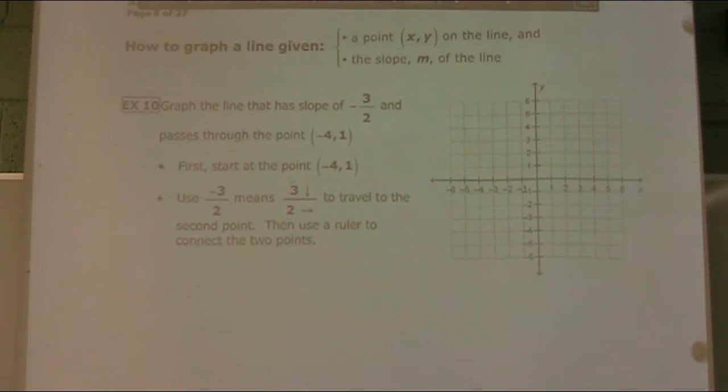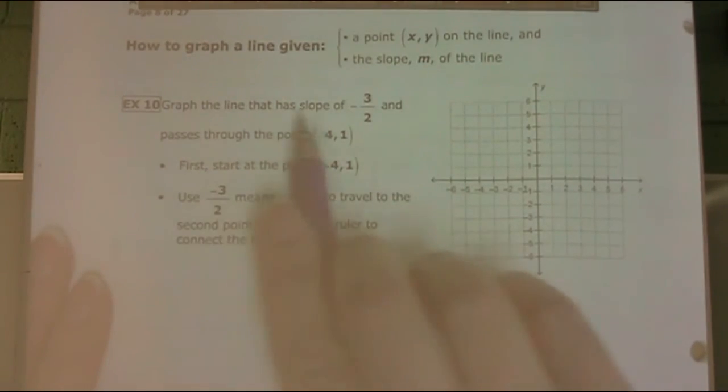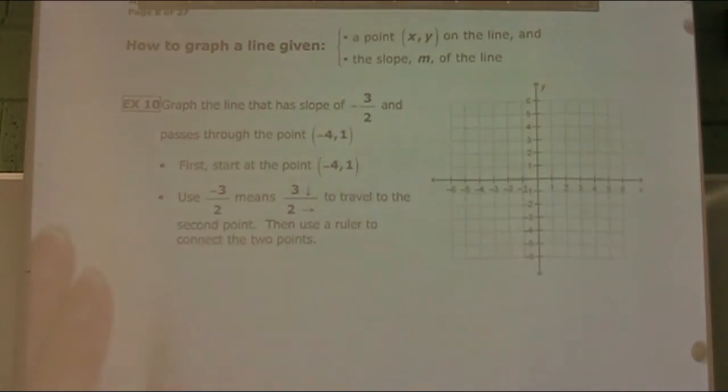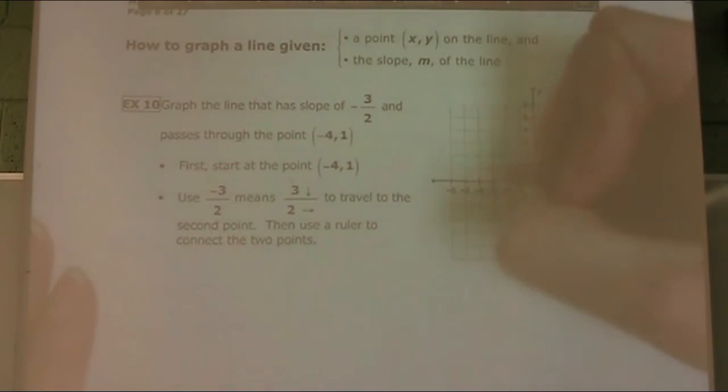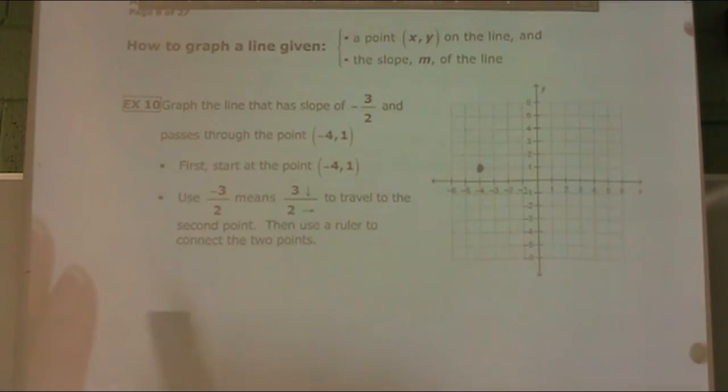In our second method of graphing a line, we used something just like this. So it says graph the line that has a slope of -3/2 and passes through the point -4, 1. First thing I'm going to do, start at the point -4, 1. And that is here. Now, -3/2 means rise over run.